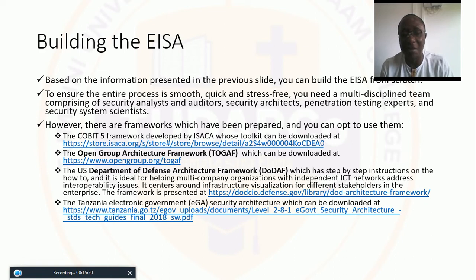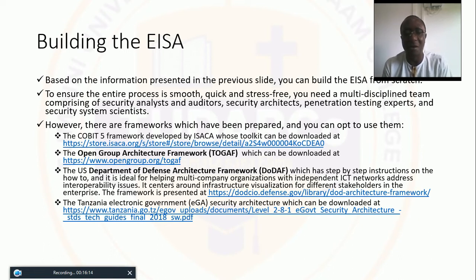Now the US Department of Defense has got the architecture framework, which has step-by-step instructions on how to prepare EISA, and it is ideal for helping multi-company organizations. Various companies can use that framework to prepare EISA.